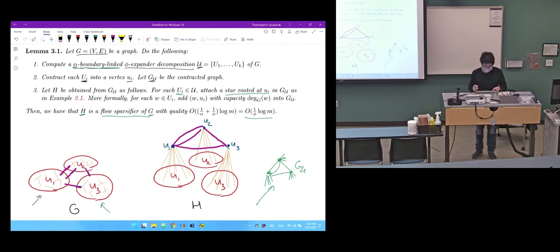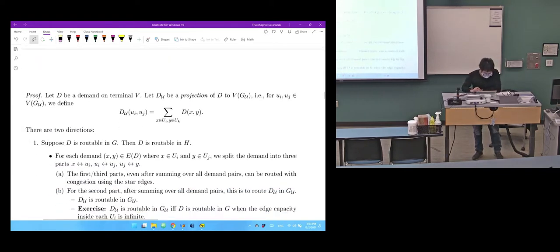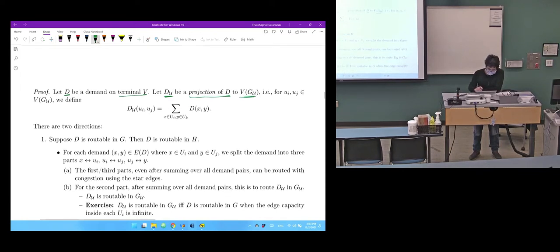Okay, so let's try to prove that it is a flow sparsifier. To do that, I need one definition. For any demand D on the terminal set V, the whole vertex set, we will say that D_U is the projection of D into the contracted graph.